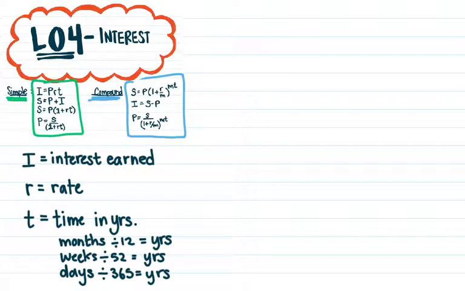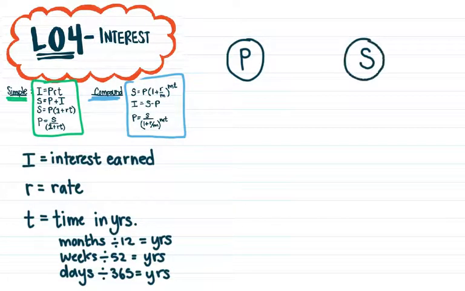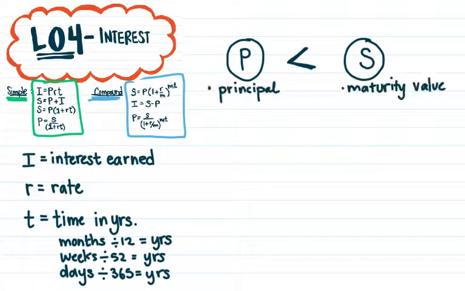So in addition, I want to talk about the difference between the letter P and the letter S. When you read a banking question, there's going to be lots of different vocab they will use to describe P and S. They will use P for principal.